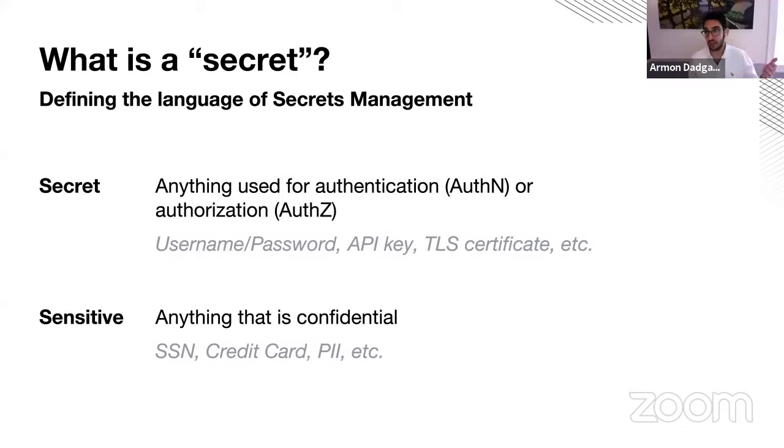A very large enterprise might have 100,000 to 1 million pieces of secret information, but you could easily have billions to trillions of records that fall in the sensitive category. So many, many orders of magnitude different in terms of the scale of each of these problems. And so they require slightly different approaches in terms of how you manage it. They can't be done in a uniform way. You also tend to have much more sensitive data that's fragmented across many different systems.